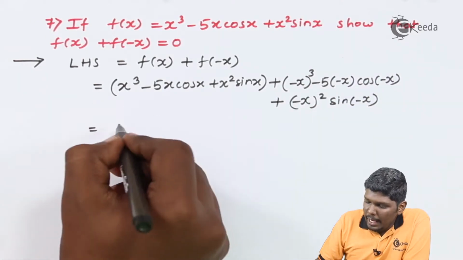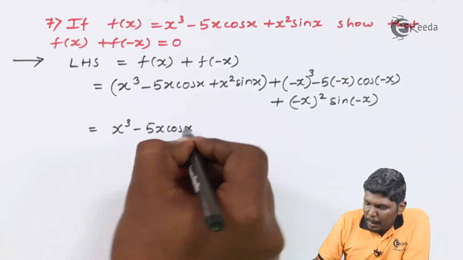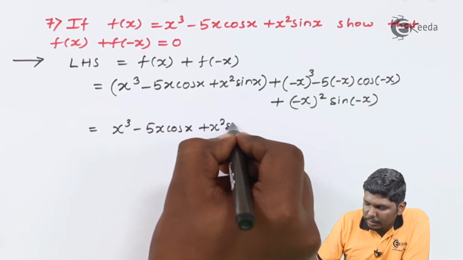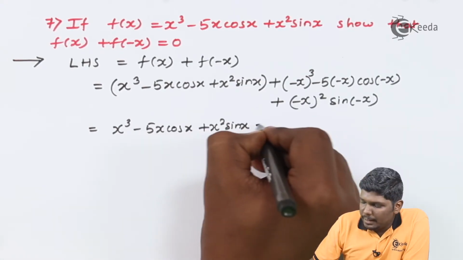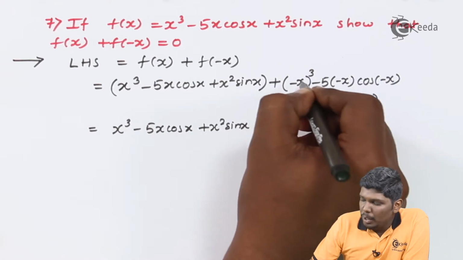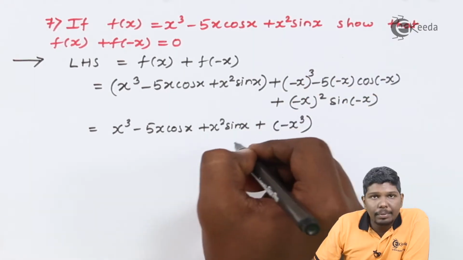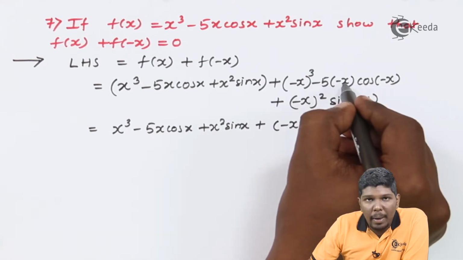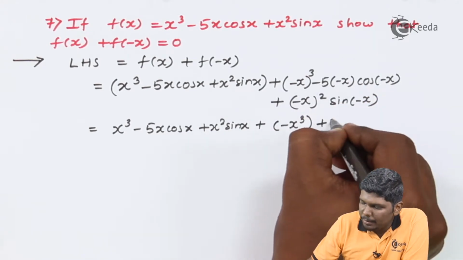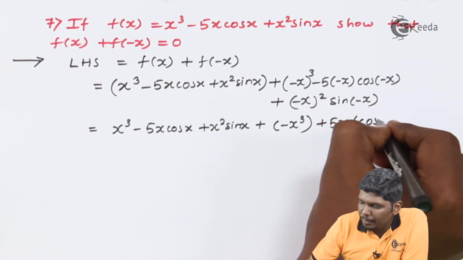Now x cube minus 5x cos x plus x square sin x plus, a negative having odd power will give you a negative answer. So minus x the whole cube is minus x cube. Minus 5 into minus x is plus 5x and cos of minus theta is cos theta.